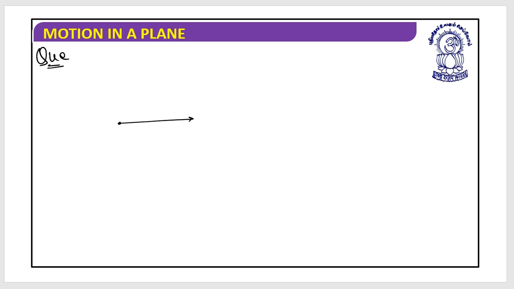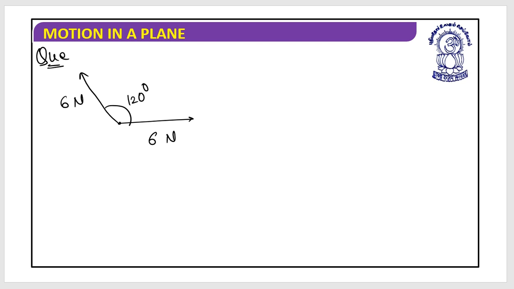Let's say this is first vector, this is another vector. Let's say this is of 6 Newton. Again, this is of 6 Newton. And this angle is 120 degree.